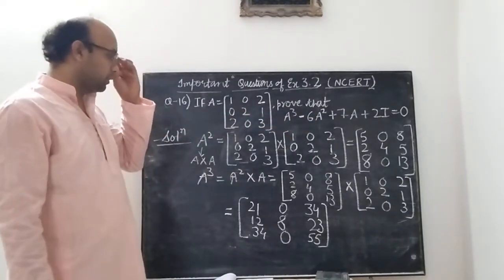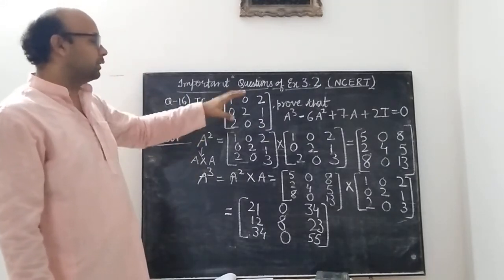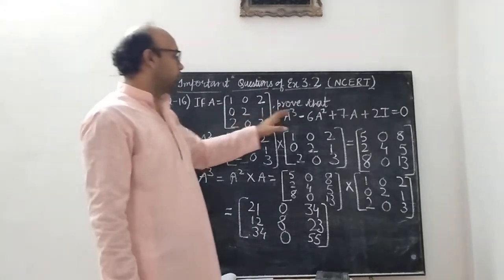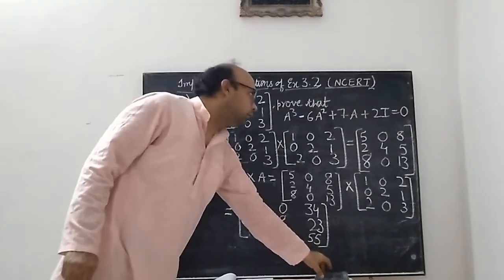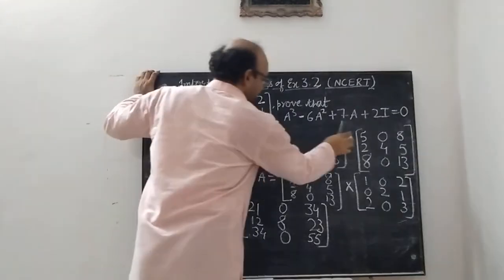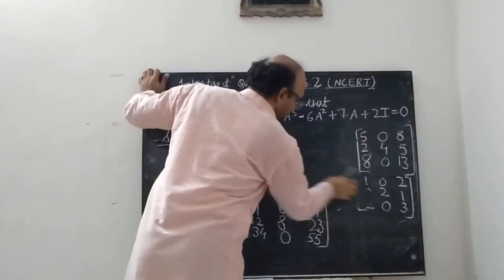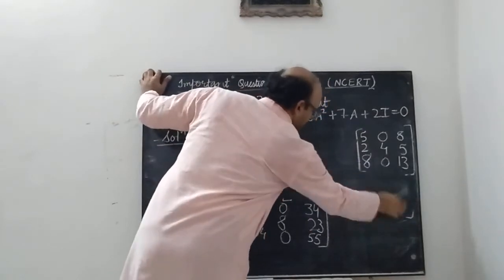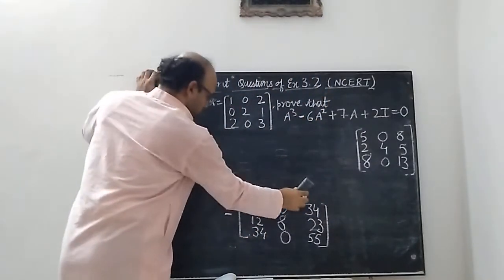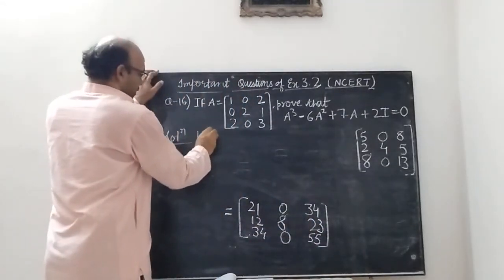So what we do is we substitute these values of A square and A cube in the given expression to prove the result. So for a while you just keep it on the board. So we start from LHS.